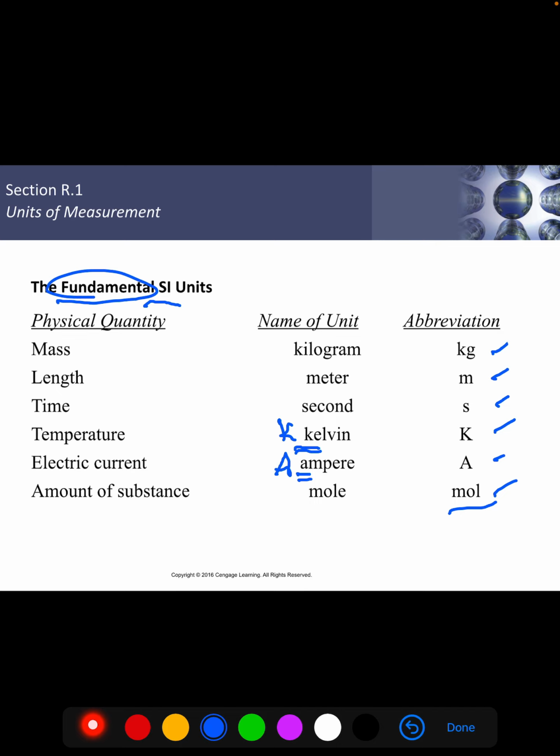For example, if I want the volume of a cube, it would be the length times the width times the height.